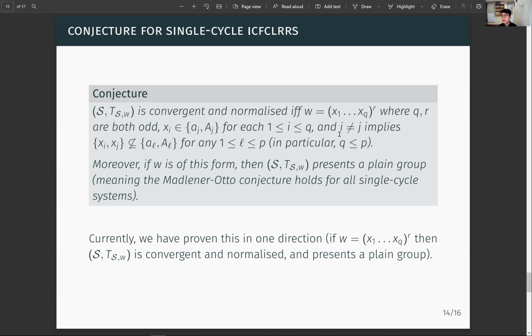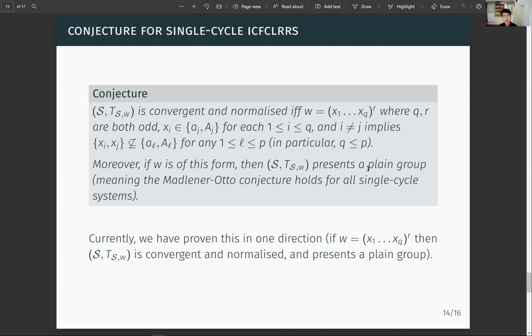So basically each sequence x1 to xq is composed of unique letters, and no letter can appear twice in the sequence.